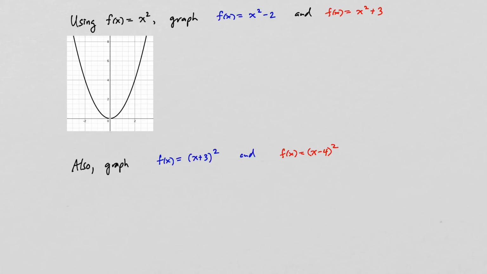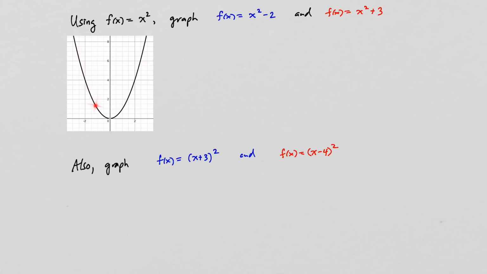Well, think about it. If you plug in a value of x, let's say you plug in x equals 3. 3 squared is 9. When you subtract 2, 9 becomes 7. So you're decreasing the y value by 2. So graphing something like x² - 2 is going to shift the graph down 2 units.